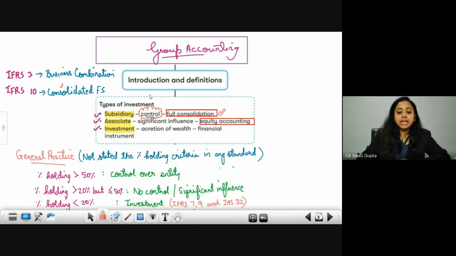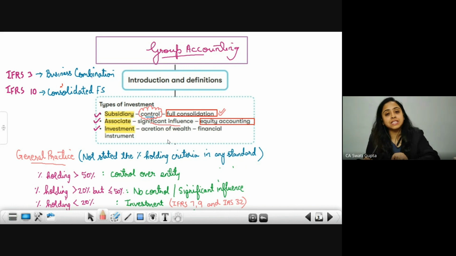Next, if it's a parent and associate relationship, how will you determine that? In that case, you have to identify whether there is significant influence or not. Control and significant influence have their own definitions. We'll read about it.